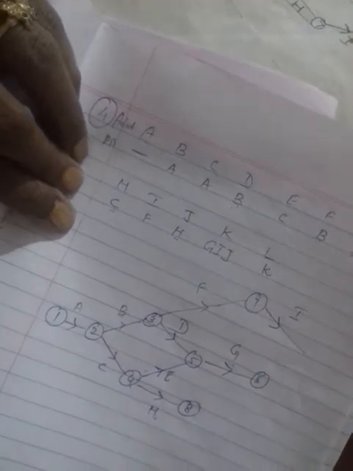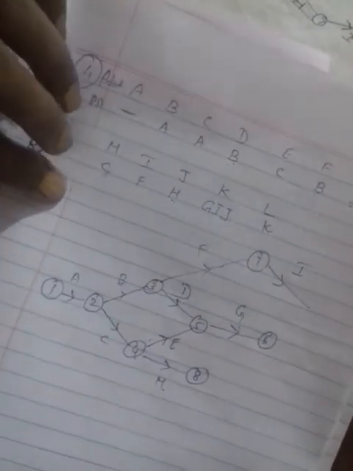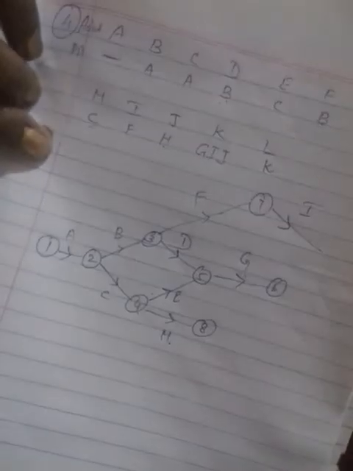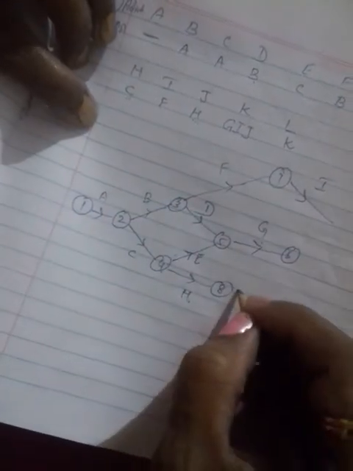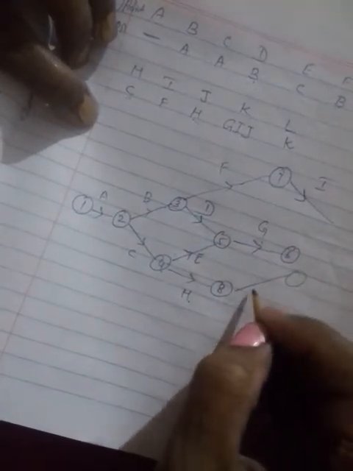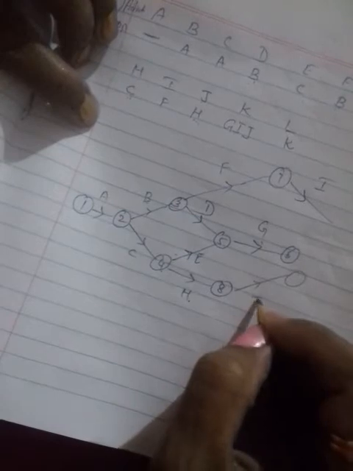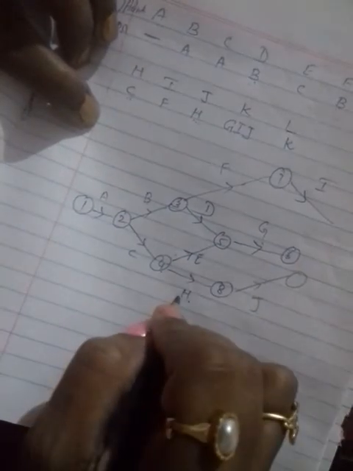Use a pencil, then only it will be easy for you. So I put J separately here, since for J, H is the predecessor.